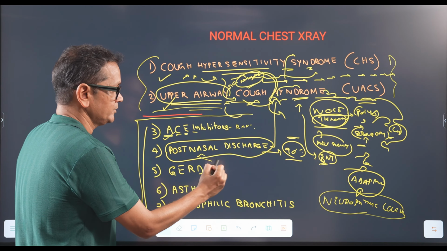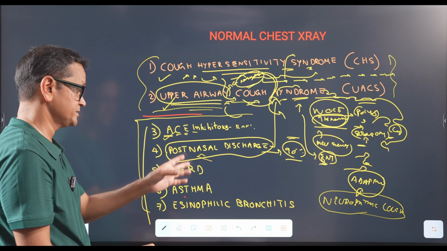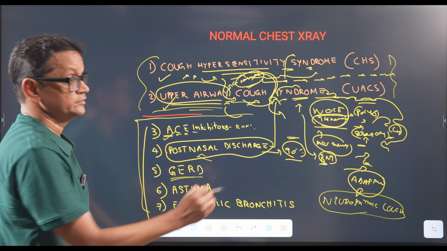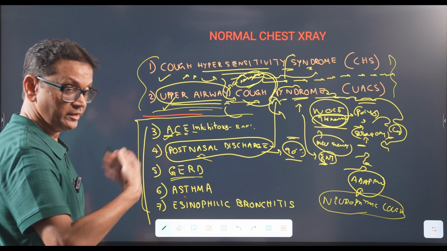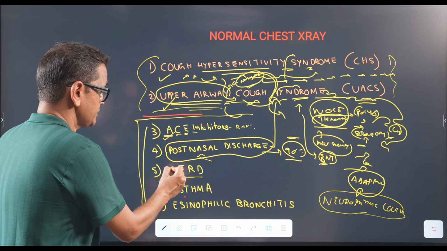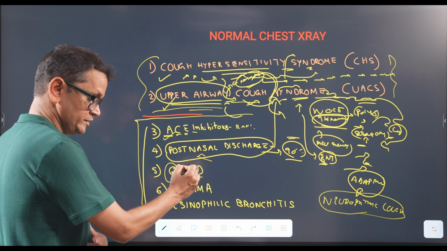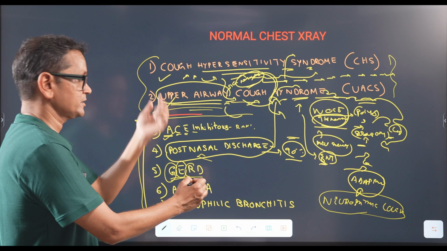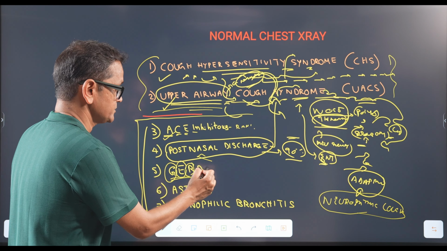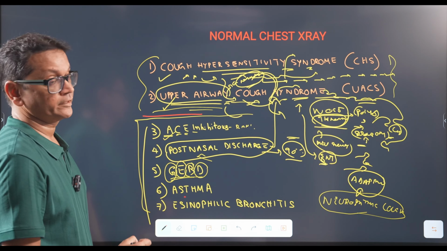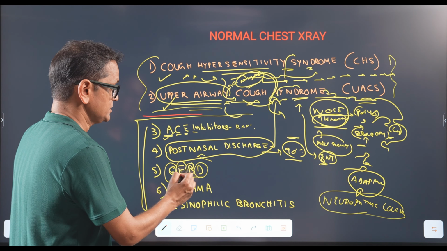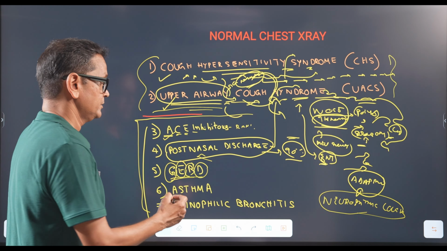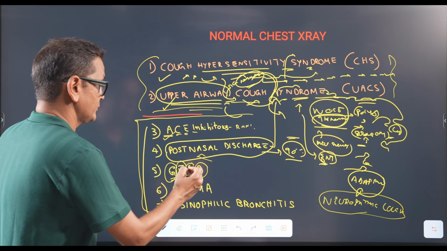Second one is ENT related postnasal discharge that we have just discussed. Third one, this is also contentious, is from the GI tract. Gastro means stomach, esophageal reflux. Reflux means coming upwards, backwards, you can say disease or disorder. Gastroesophageal reflux, reflux up to even glottis also, disorder.